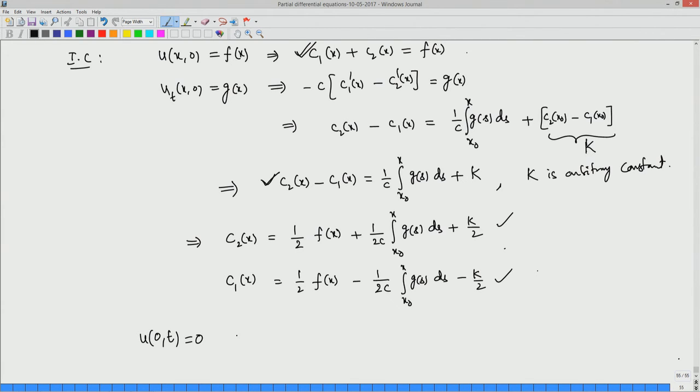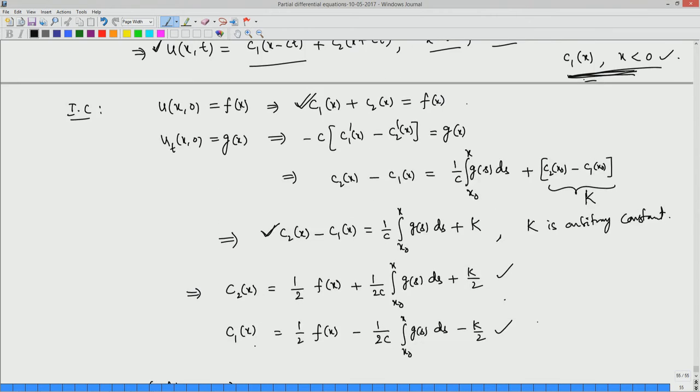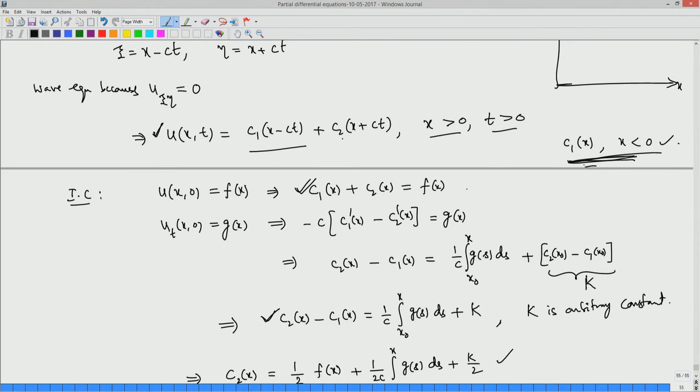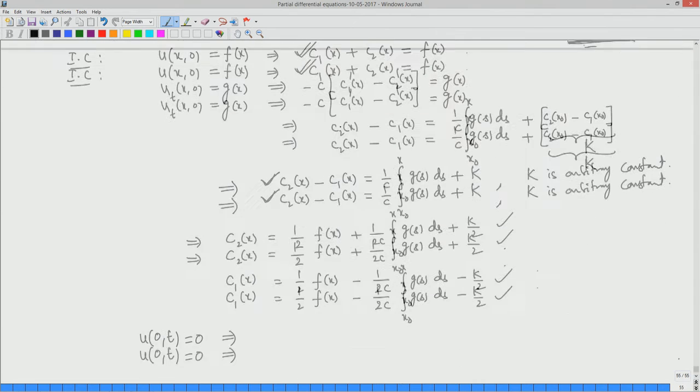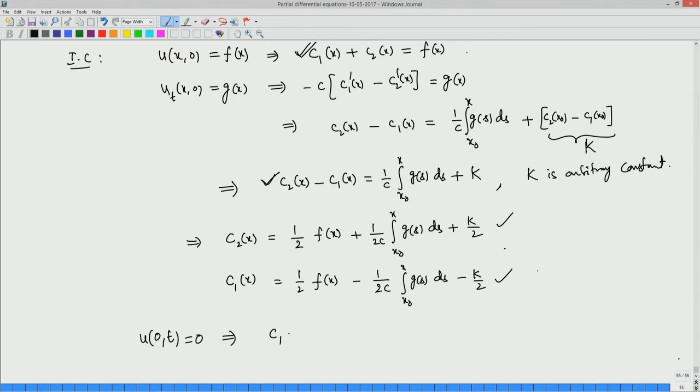So this implies, now the general solution is this. From that you can see that c1(minus ct) plus c2(ct) equals 0. So this implies c1(minus ct) equals minus c2(ct).